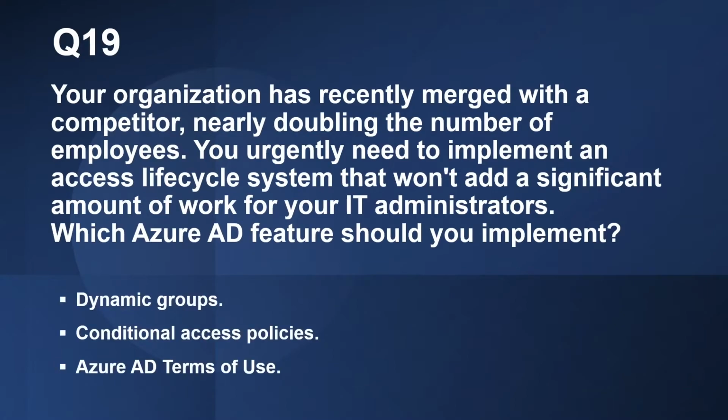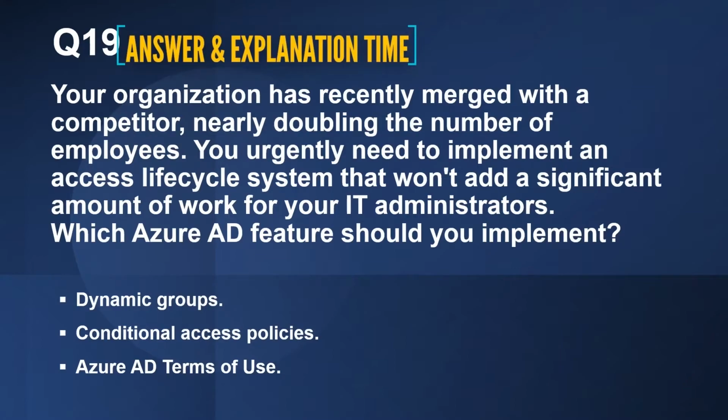The options are dynamic groups, conditional access policies, Azure AD terms of use. Correct answer is dynamic groups. Dynamic groups use attribute based rules to determine who is a member of a group, thereby reducing the administrative overhead of adding and removing users.